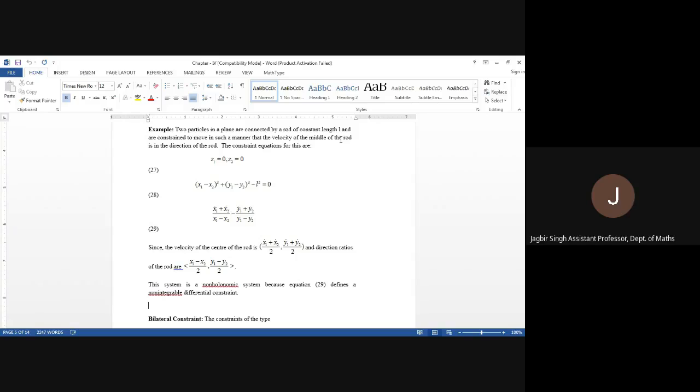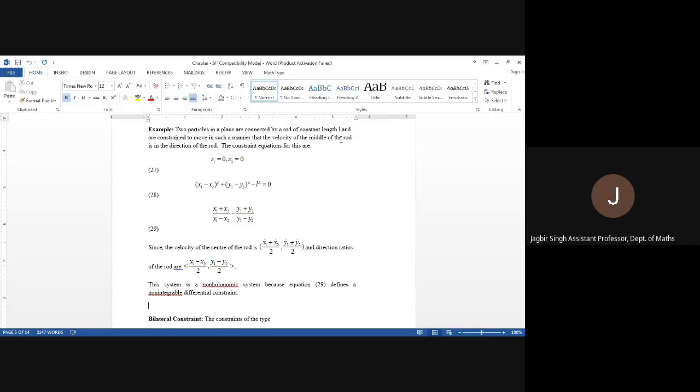And it is in the direction of the rod. Now the direction of the rod will be, direction ratios, all of you know, (x1 - x2, y1 - y2). And now the direction of the middle point velocity and the direction ratios are similar. So their corresponding ratios will be equal. So we obtained equation number 29.